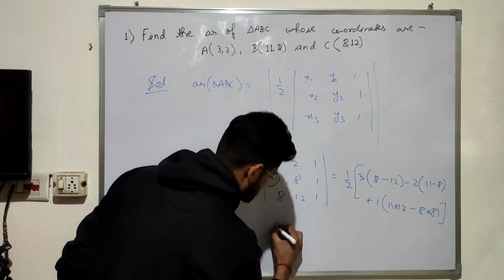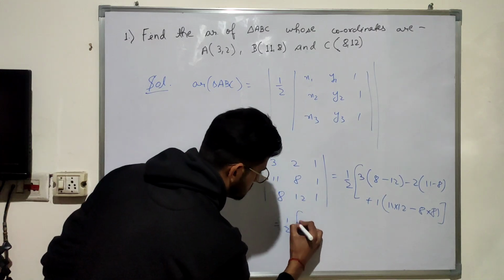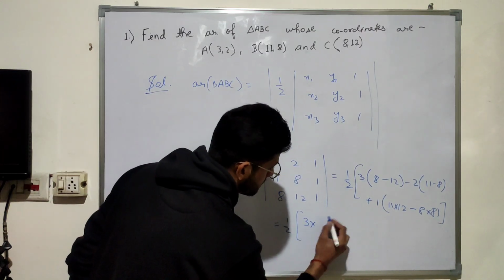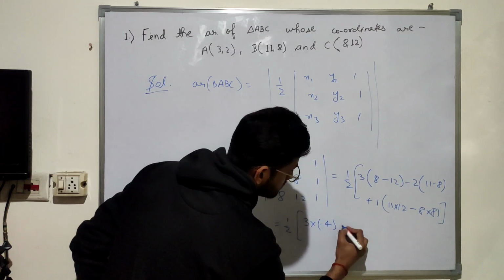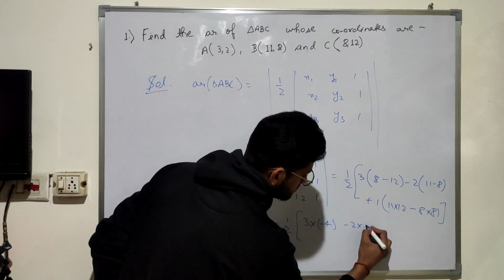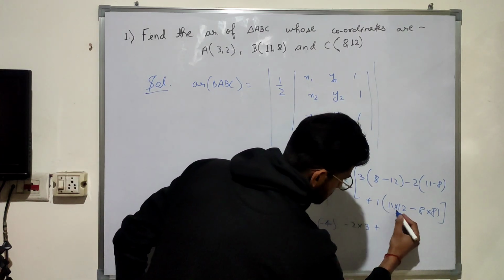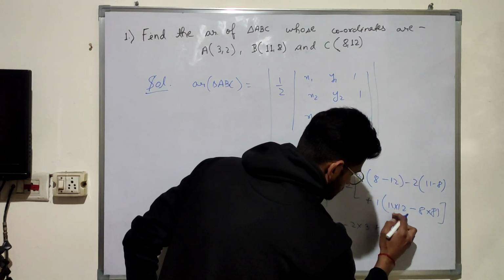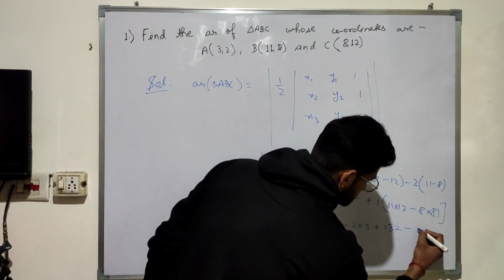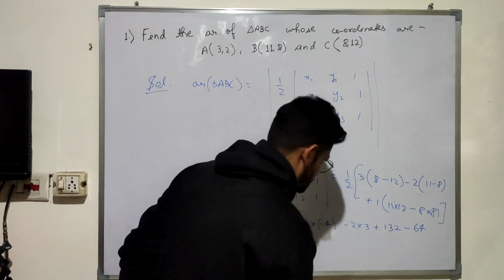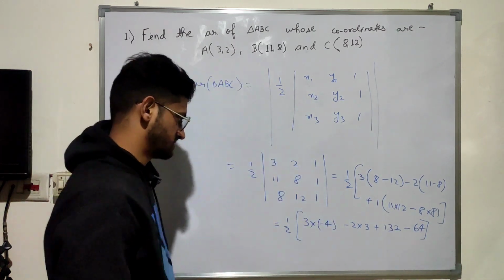After solving, let's see what the result is. So 3 multiplied by minus 4, minus 2 multiplied by 3, plus 11 multiplied by 12, that is 132, minus 8 times 8, 64. So we will simplify it.